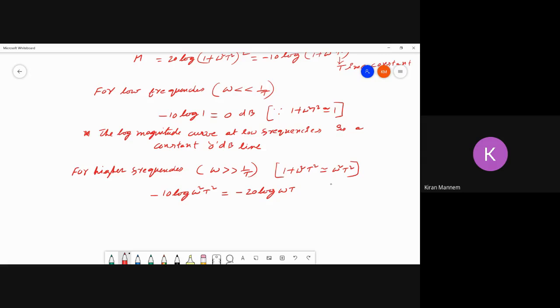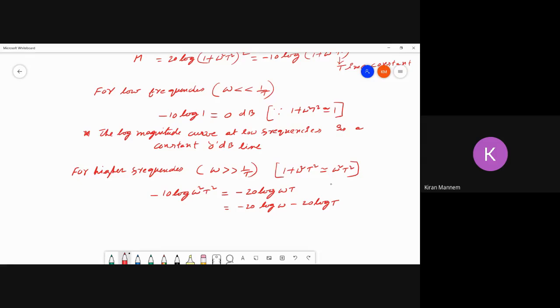So it would be minus 20 log omega t, or I can write it as minus 20 log omega minus 20 log t, right? So can you recall this type of basic factor, minus 20 log omega minus 20 log k, generated?